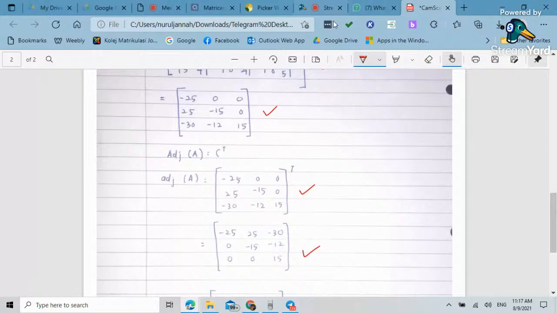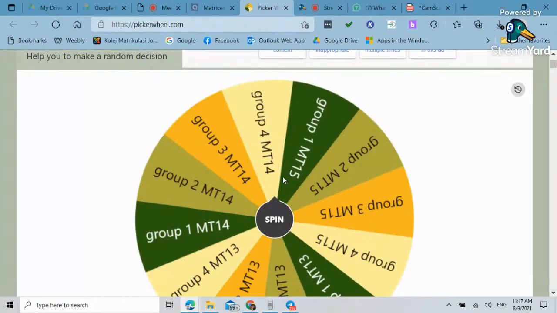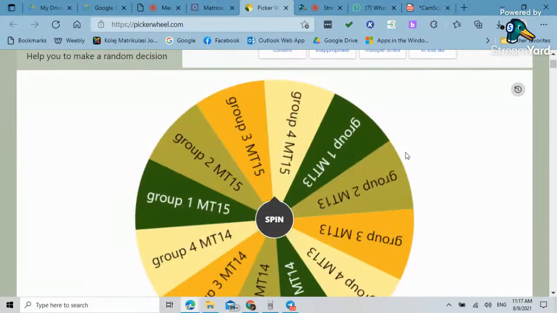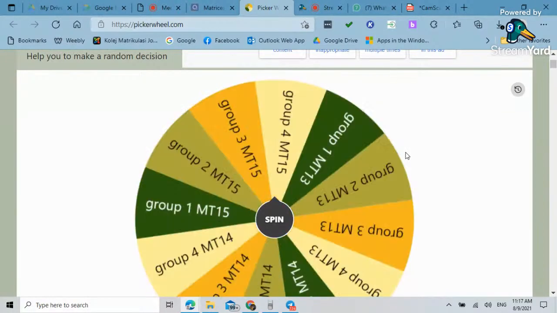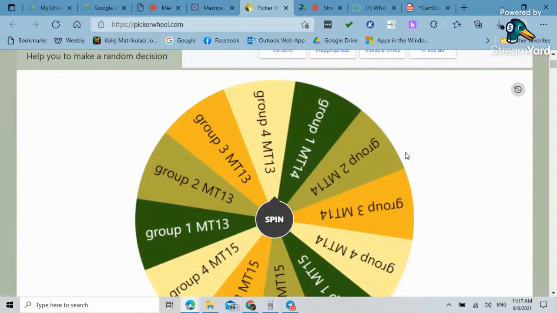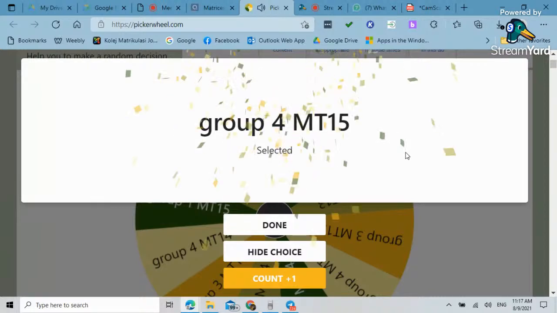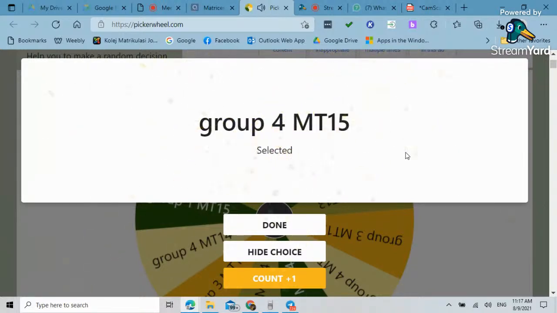So I pick question 28. Group 4, MT15, can you see? Can you share the solution for 28?